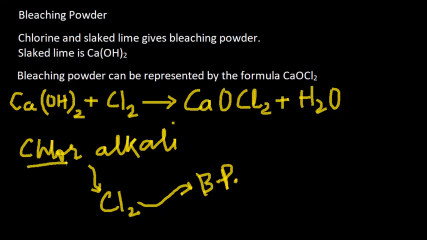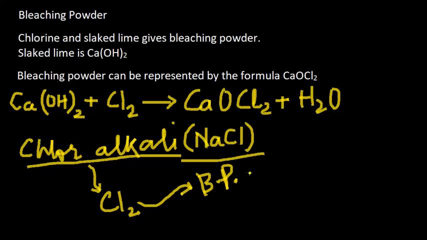Now you know that in the chloralkali process, we have NaCl as an ingredient. This NaCl, which is a salt, is used to prepare chlorine gas, which again is used to prepare bleaching powder. Unless and until this sodium chloride is used, this bleaching powder cannot be prepared.